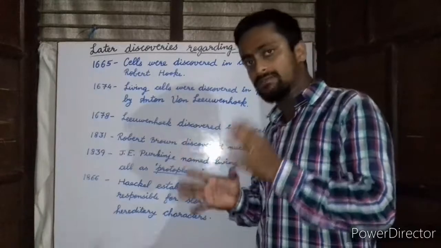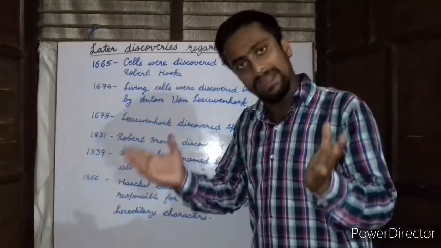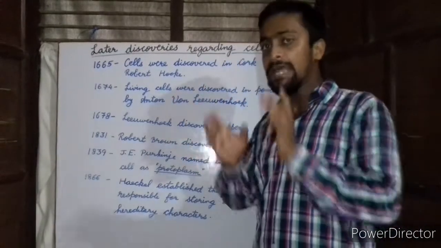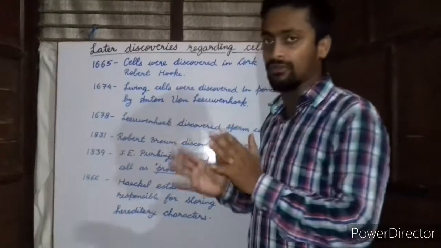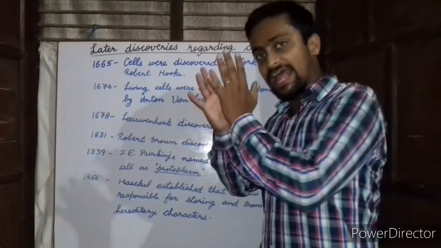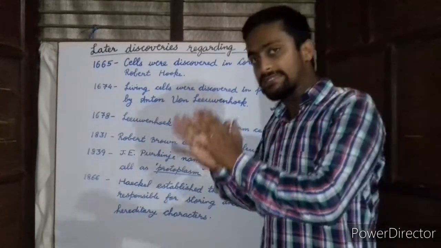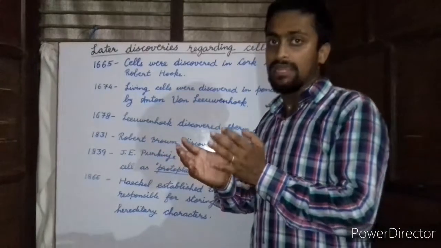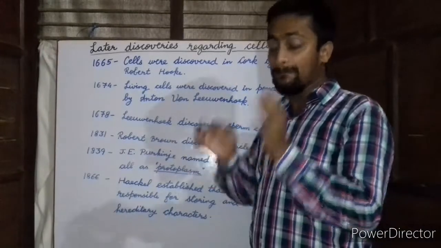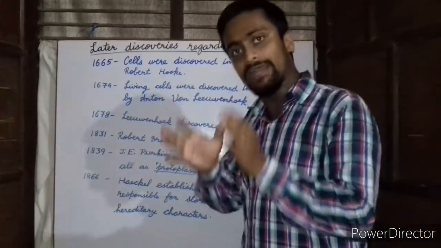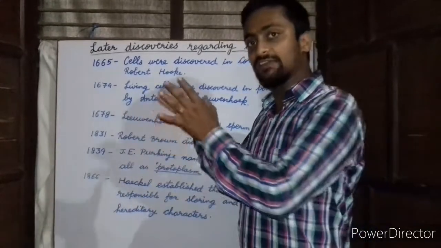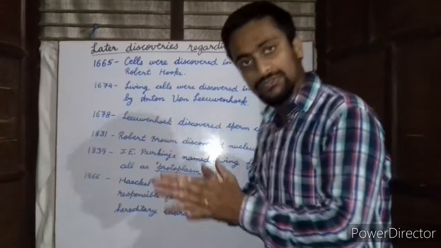But in the years after the discovery of the cell, many discoveries were made. For example, in 1665 the cells were discovered by an English scientist known as Robert Hooke. In 1674, Anton Von Leeuwenhoek, with the help of an improved microscope, discovered living cells in pond water. In 1678, he discovered the sperm cells. In 1831, a Scottish botanist called Robert Brown discovered the nucleus.